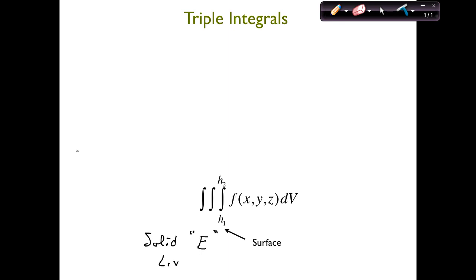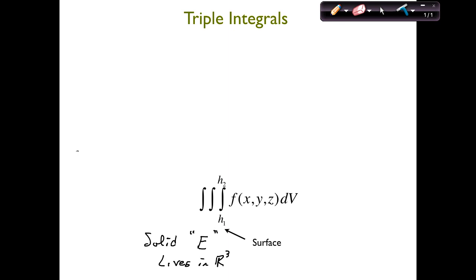In our double integrals, the surface lives in R3, and we're integrating that over a region in R2. So now we have some hypersurface in R4 that we integrate over a solid in R3. So everything steps up 1 dimension. Make sense? When we're working out the limits of integration, we can still draw it because it's in R3, just like we were able to draw the regions in R2 for double integrals.